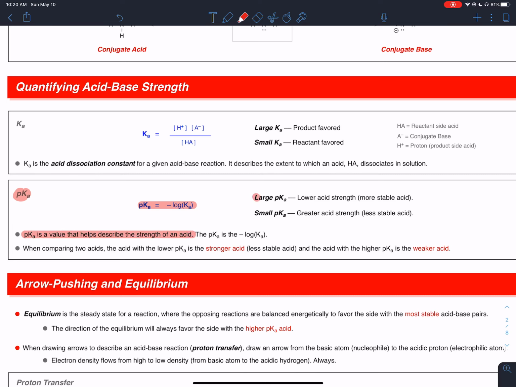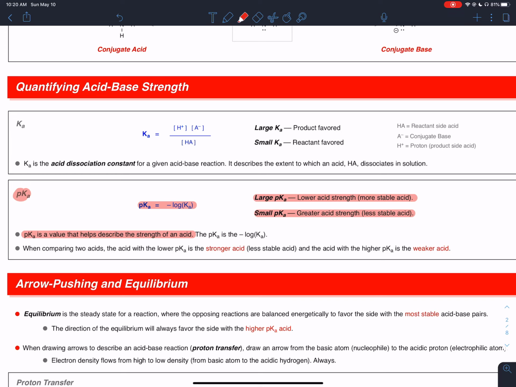A large pKa value will correspond to, if you're looking at a comparison between two acids, the larger pKa corresponds to the weaker acid, the one with lower acid strength that does not dissociate as readily as the other acid. The acid that is more acidic in your comparison will have the smaller pKa value. Smaller pKa values correspond to greater acid strength.